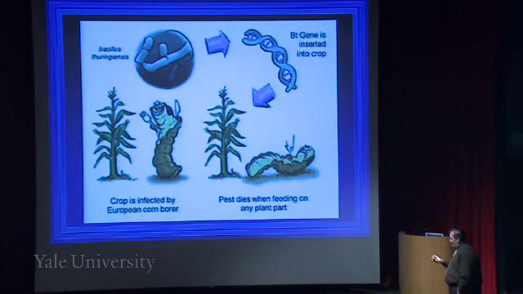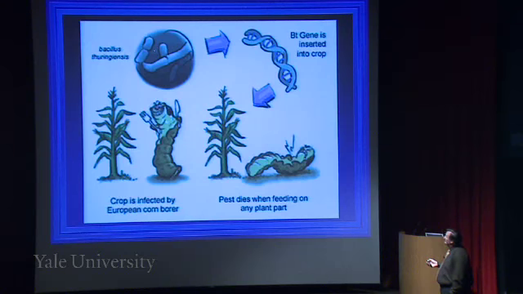And it works like this. So here's a little graphic of the corn borer eating the corn. And then there's this particular bacillus that is listed here. That's where the BT comes from right there. I'm sorry it's not a little more clear, but I'll show you this in another slide.